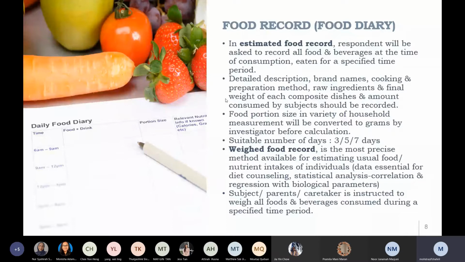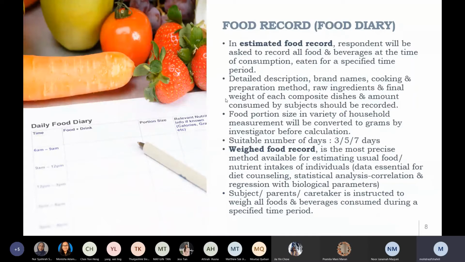So let's say they take roti canai for breakfast. So they have to write there roti canai with curry, and then they have to actually measure or weigh the roti canai and put down the weight of the roti canai and curry.